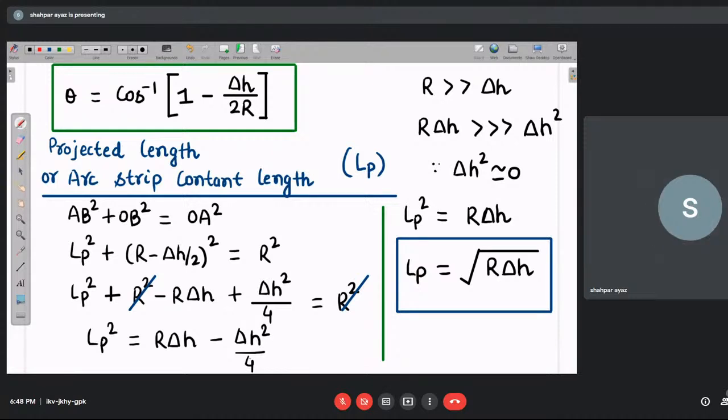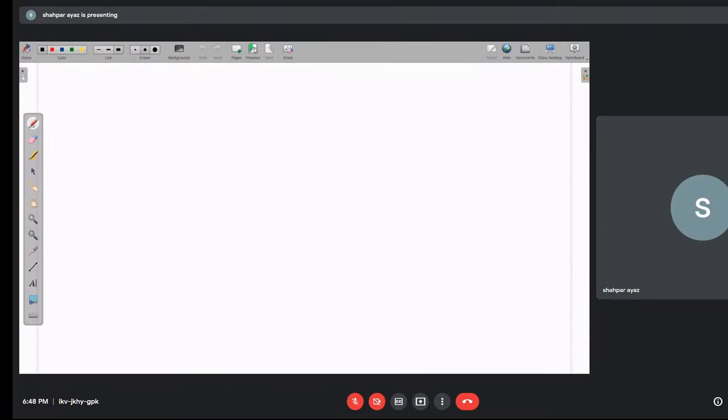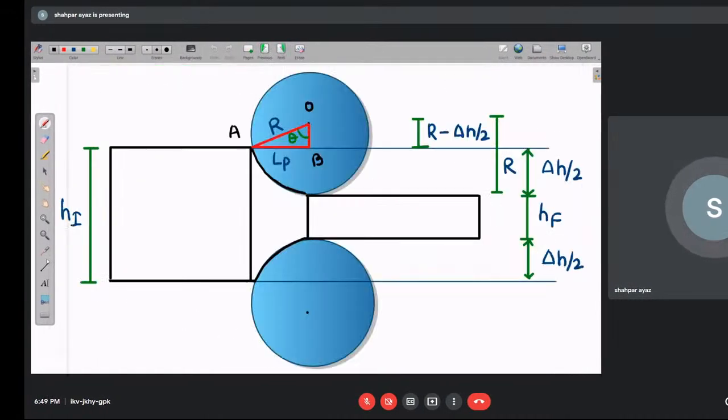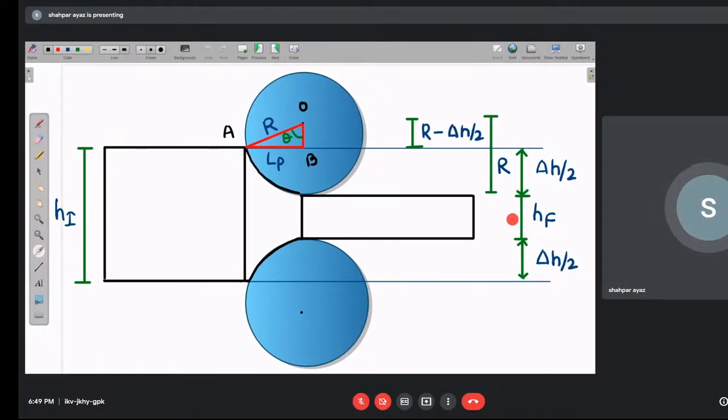Now see guys, one more point which I want to highlight here. Right now the problem is maximum possible draft. Suppose you have a billet of initial thickness 5 mm. The minimum thickness you get after the deformation is HF minimum.